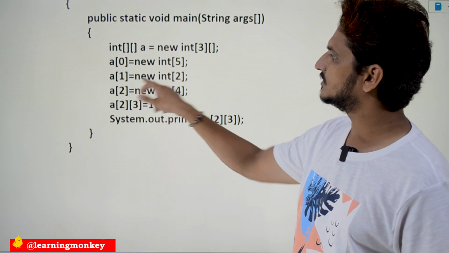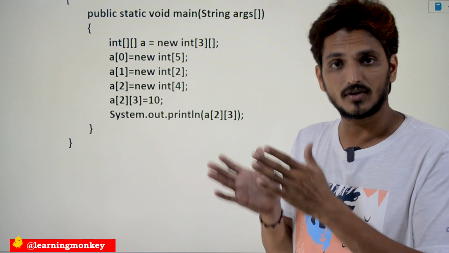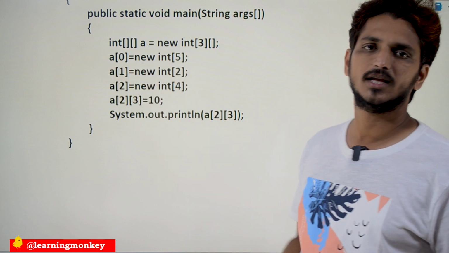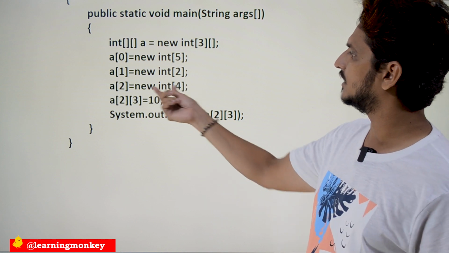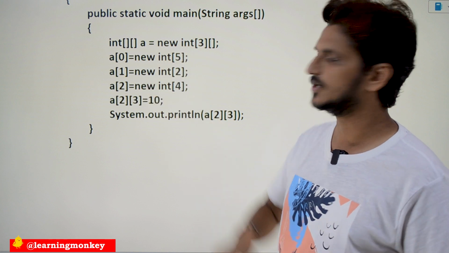Similarly, a[1] is equal to new int[2]. Create a new memory location of size 2 and assign it to a[1]. new int[4] means create an array of size 4 and assign it to a[2].